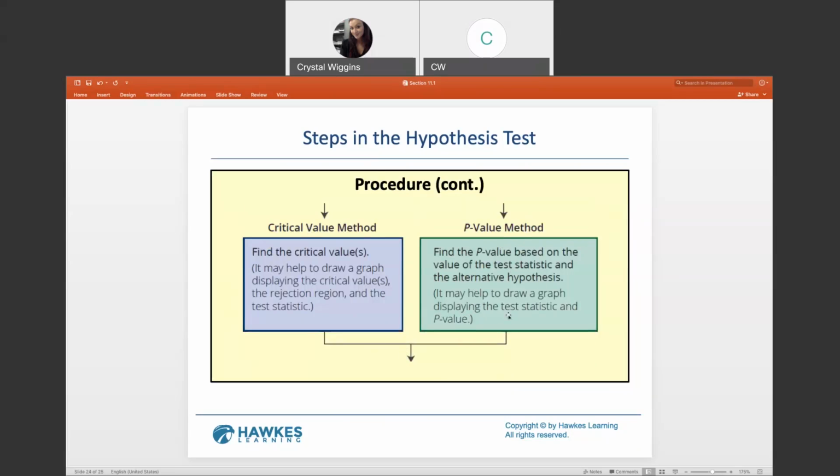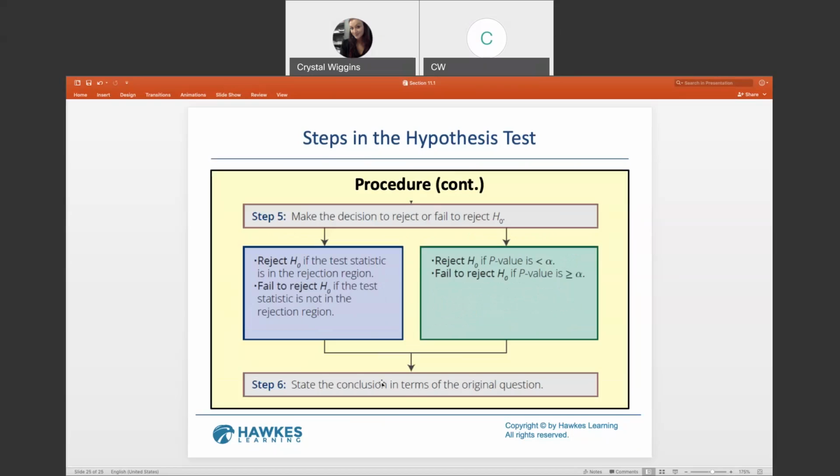And we have to do some calculations in order to find those critical values. And then we make a decision whether to reject or fail to reject. When we're working with a p-value, if the p-value is really small, smaller than alpha, we will reject the null hypothesis. If the p-value is very large or equal to alpha, we'll fail to reject the null hypothesis.